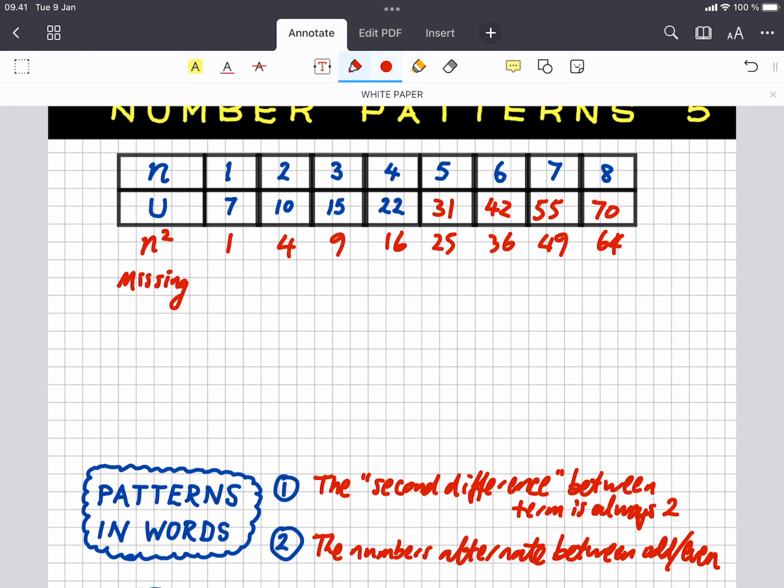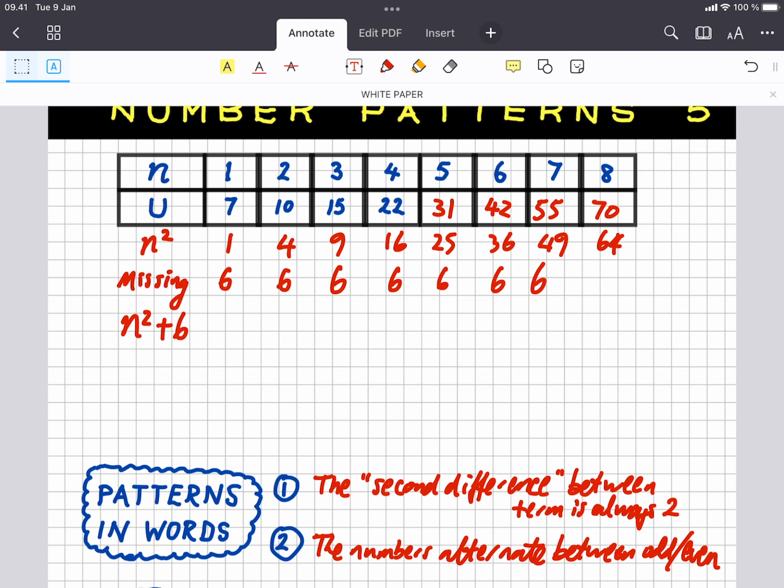So for the first number, we're getting a 1 when we want the term to be 7, so we want to get an extra 6 from somewhere. Then we're getting a 4 when we want a 10, so we want an extra 6 somewhere. And in fact, all of these, we're just missing 6. So the rule in this case is just n squared plus 6 gives us the numbers we want.